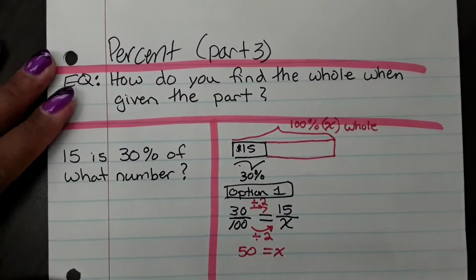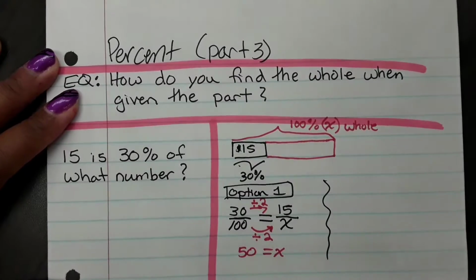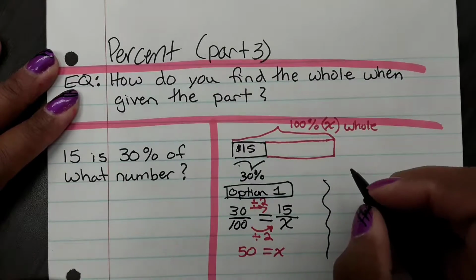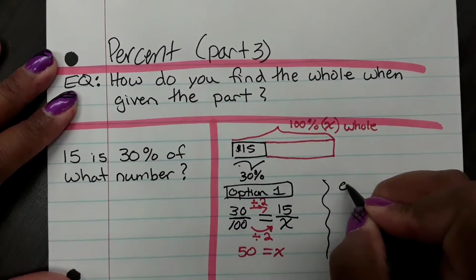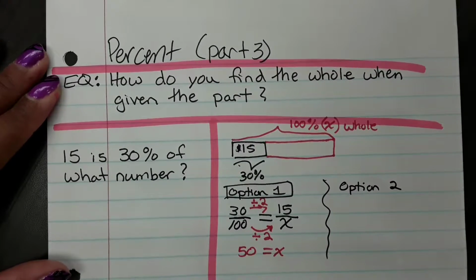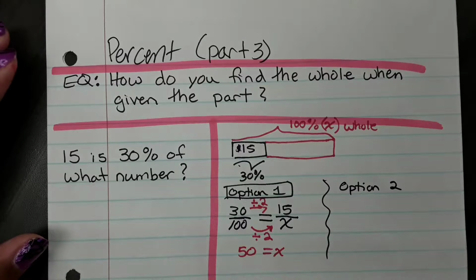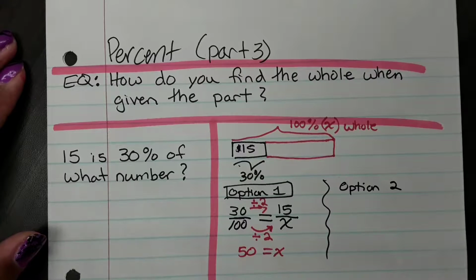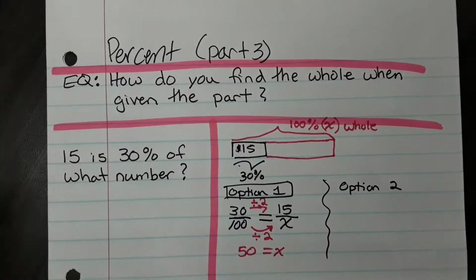We also have option 2, which is my favorite. Option 2 is where we write our equation. Now we learned before that is means we put our equal sign, and of means we are going to multiply.